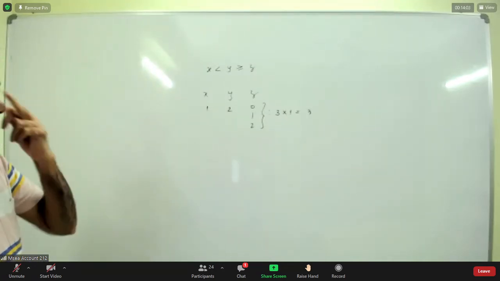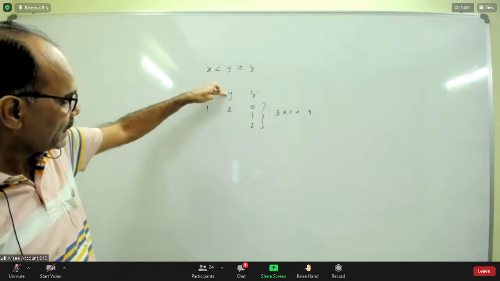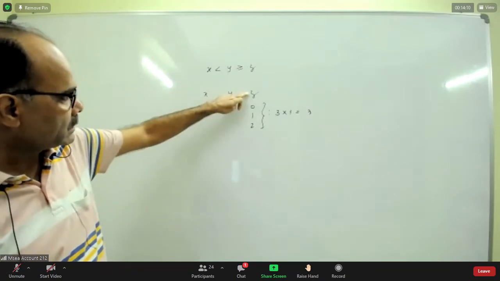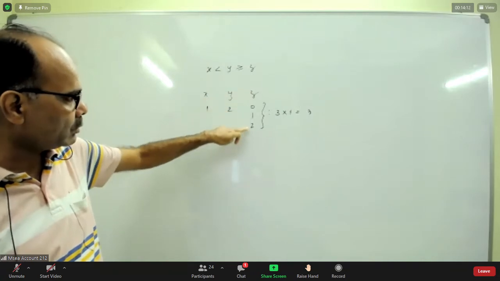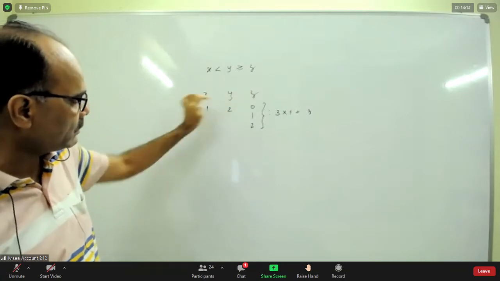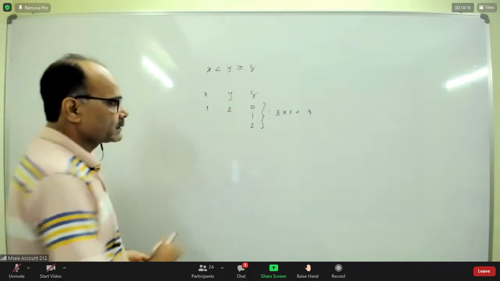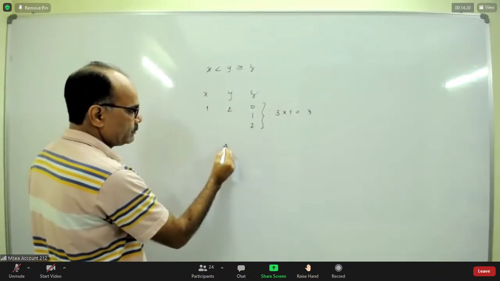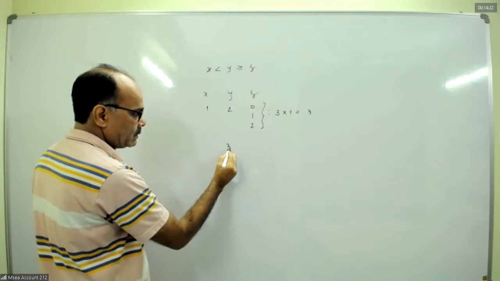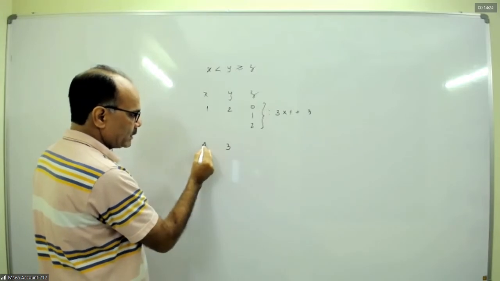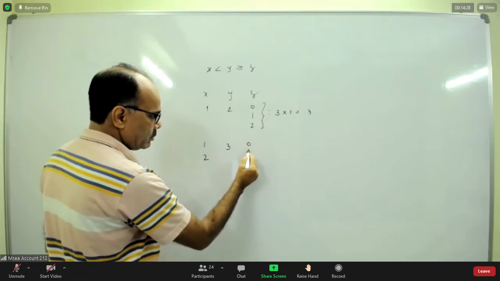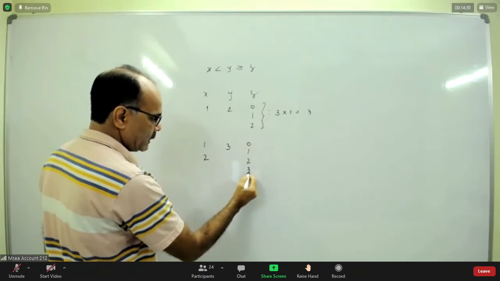Number of numbers in which second place is 2, third place 1, unit place can be 0, 1, 2. Total numbers 120, 121, 122: 3 numbers, so 3 into 1. Next, if Y is 3, X can be 1, 2 and Z can be 0, 1, 2, 3.